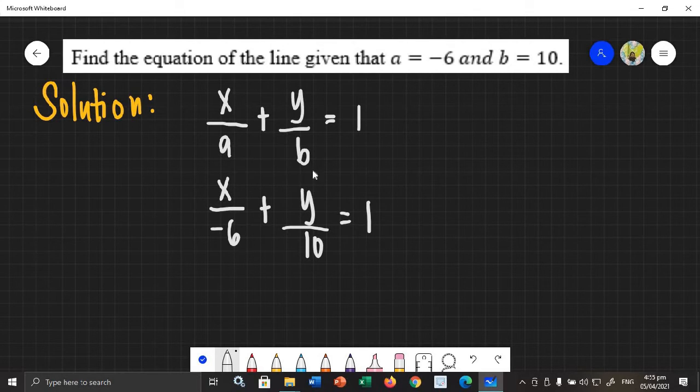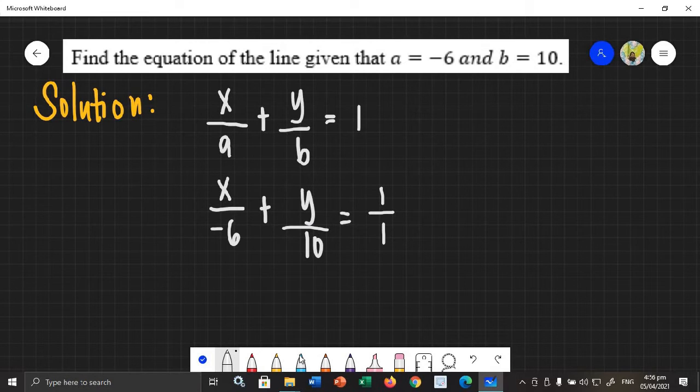Now, for this whole equation, we will find the common denominator or common multiple. The 1, as we all know, has a denominator of 1, so consider 1 as 1 over 1. And we will find the least common denominator or least common multiple.